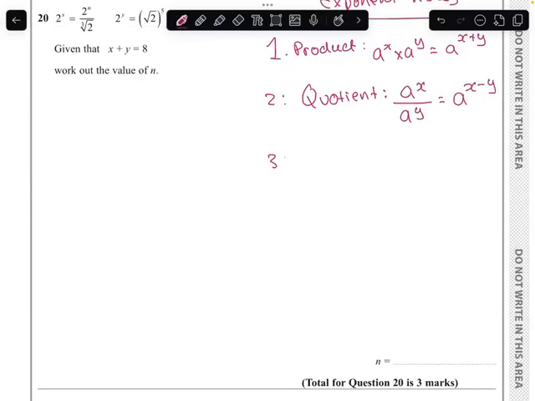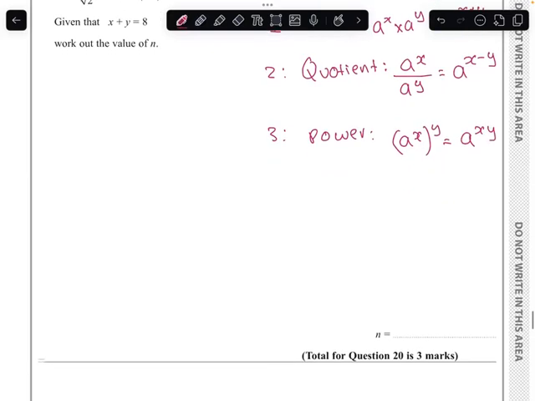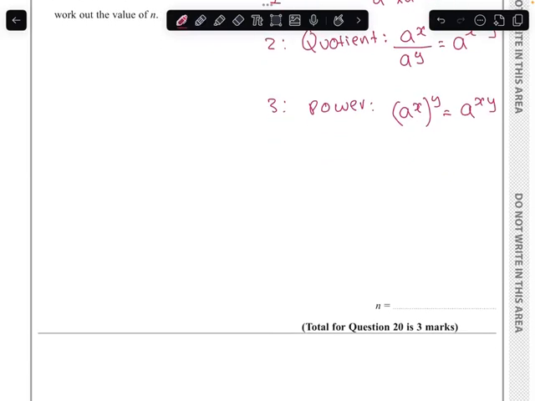The third one, we have our power rule. So if we have a to the x and we're turning this to the power of y, it is a to the xy. We multiply the powers this time, not add them. And then if we have a negative exponent, say we have a to the minus x, we can rewrite this as 1 over a to the x.